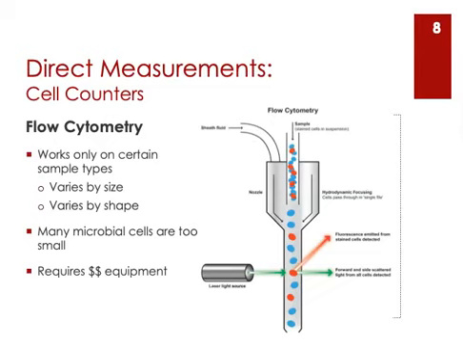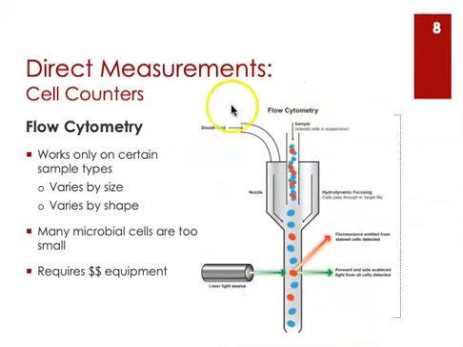Now, let's switch gears and look at the machinery that we have available for direct cell counting. The first type of cell counter is called a flow cytometer. Over here on the right side of the slide, there's a diagram that shows you just very basically how flow cytometers work.